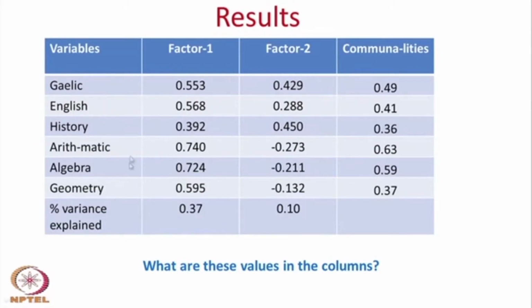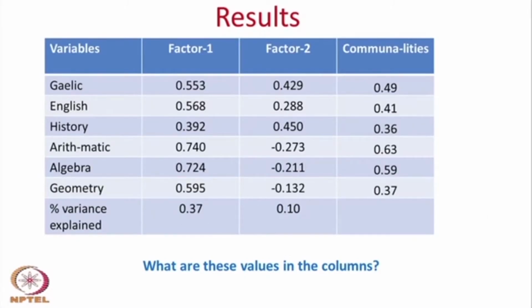They conducted factor analysis of the responses of 220 students under 6 variables: Gaelic, English, history, arithmetic, algebra and geometry. They extracted 2 factors, and the factor loadings and communalities are like this.